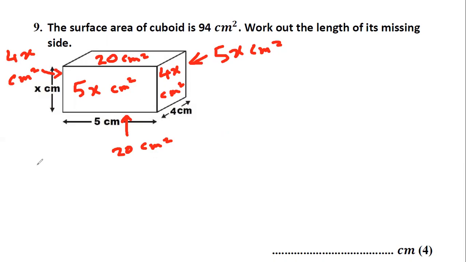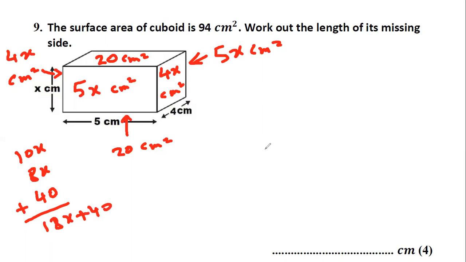So double 4x will be 8x, and double 20 will be 40, and double 5x will be 10x. And if I add all of these up, I will get basically 18x plus 40.